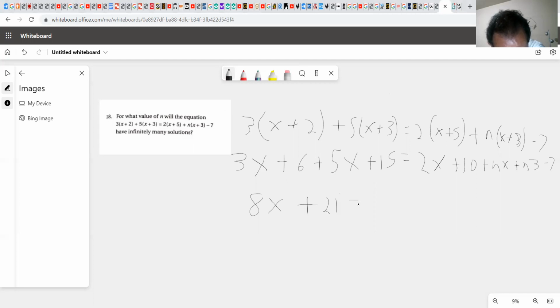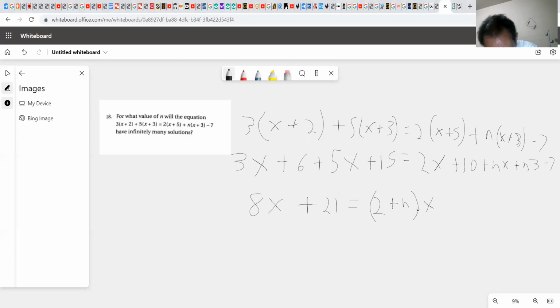Now let's go over to the right side and do the same thing. I have 2x and I have nx, so let me write it like this: (2 + n) times x. That's all the x terms.